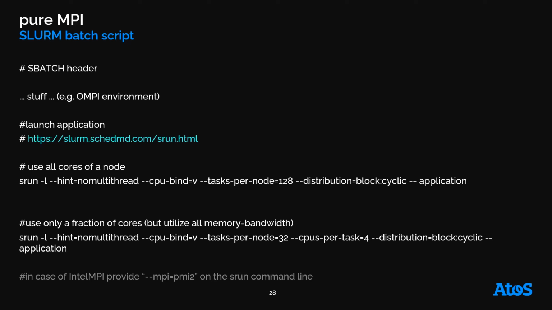The next one, --hint=nomultithread, tells srun to place processes only on the first SMT threads. With --cpu-bind=verbose, you tell it to report what the binding was. And with --ntasks-per-node, in this case 128, you tell it how many tasks there should be on a node.